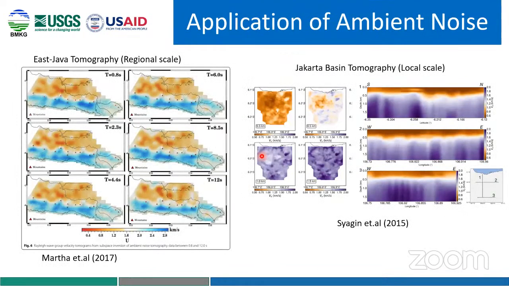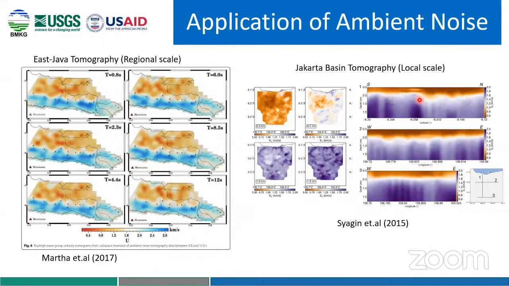This is an example of ambient noise application in East Java tomography at regional scale. We can see the velocity contrast between southern Java and northern Java, and we will talk about this in detail later. And this is local scale tomography in the Jakarta Basin by Saygin 2015.